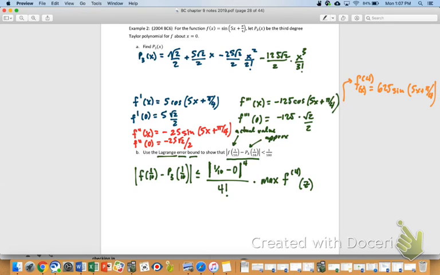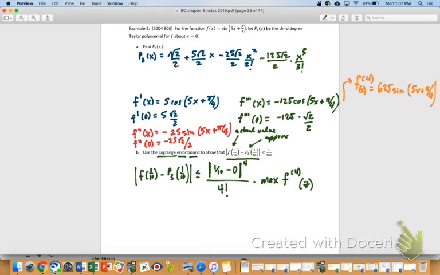I would use the max value of the 4th derivative evaluated at 1/10 because it's greater than the value when it's at 0. How do you know?